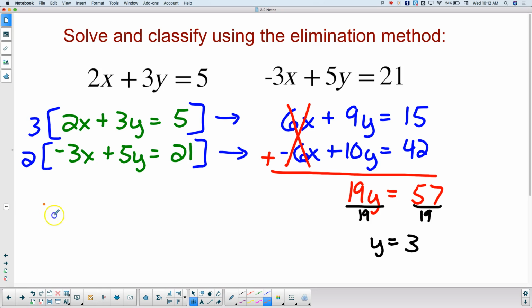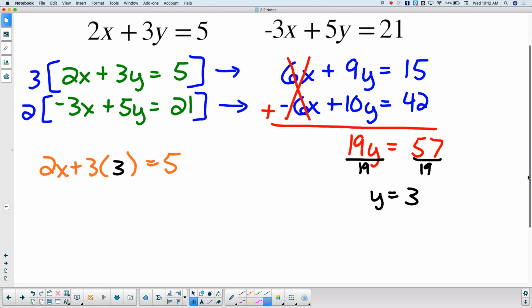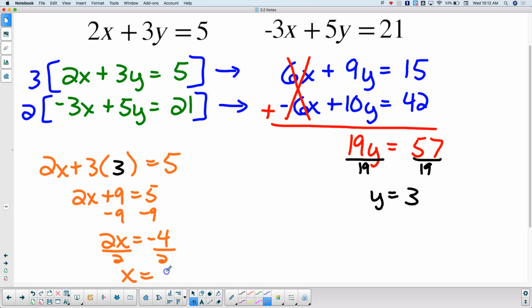Left. So we're replacing y with 3. So that gives me 2x plus 9 equals 5. Subtract 9. 2x equals negative 4. Divide by 2. X is equal to 2. Correct? Am I done?